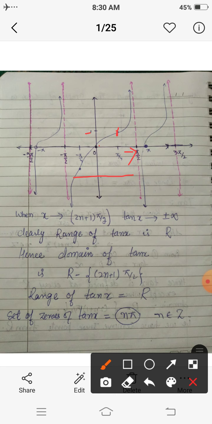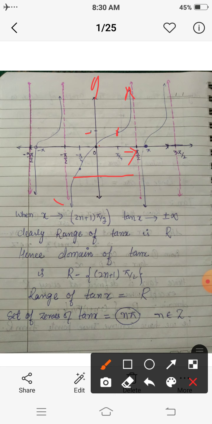And when we put x equals pi by 2 in tan x, the value becomes infinity. So we are approaching this side. This arrow indicates that tan x is not defined at pi by 2.